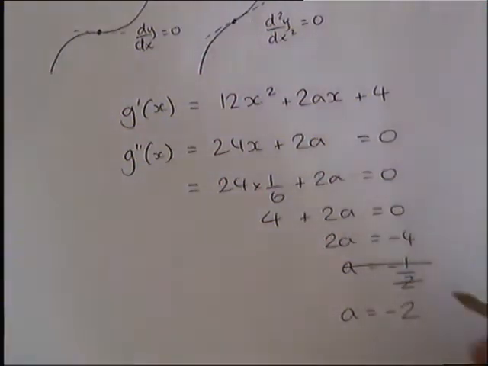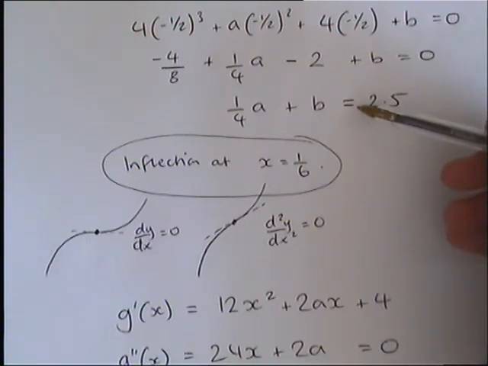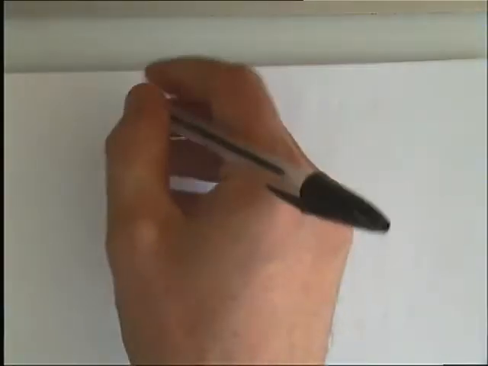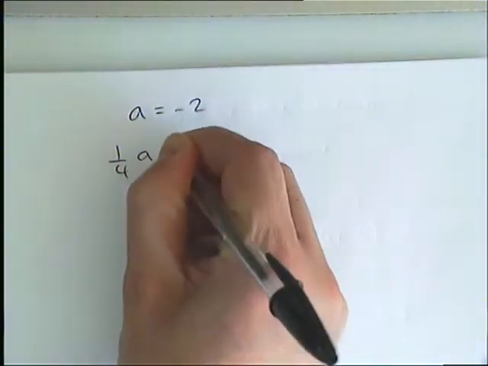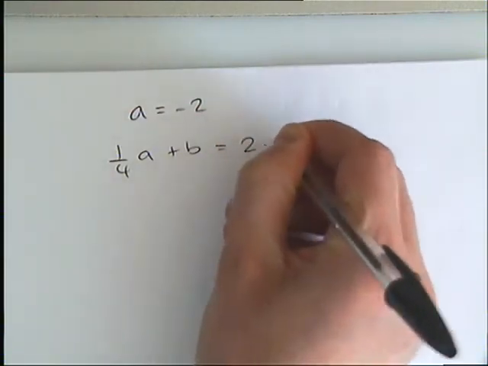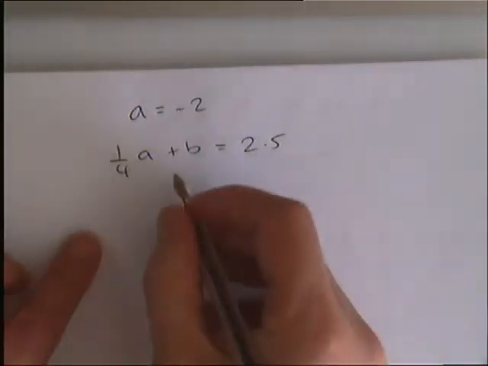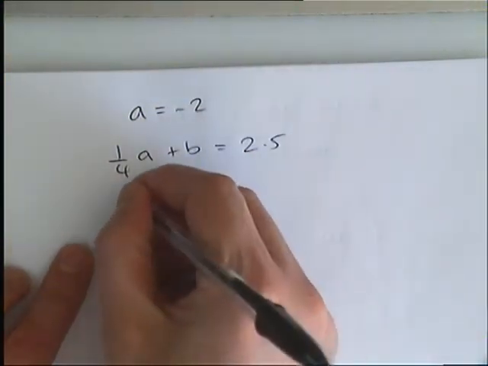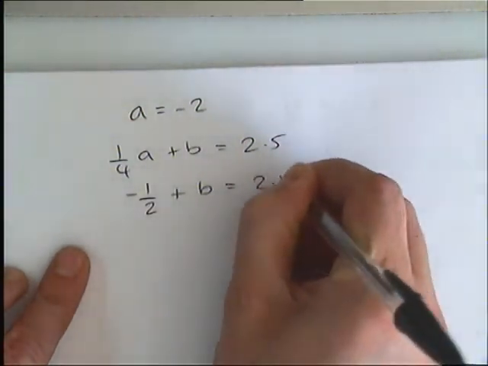So once we've found the value of a, it's fairly simple to go back to that information there and find the value of b. Let me just summarize those two bits of information. We've just found that a is minus 2. We knew from earlier that a quarter a plus b equals 2.5. Since a is minus 2, that is minus a half plus b equals 2.5.